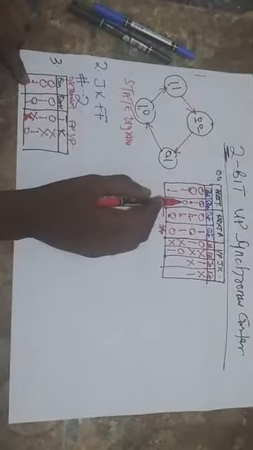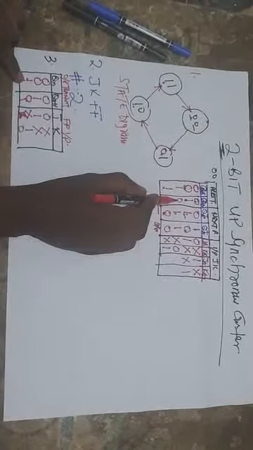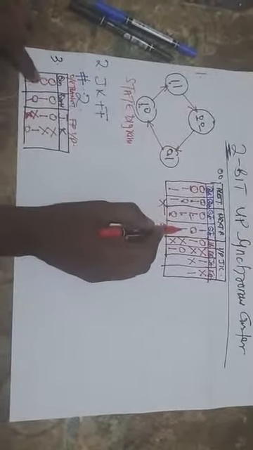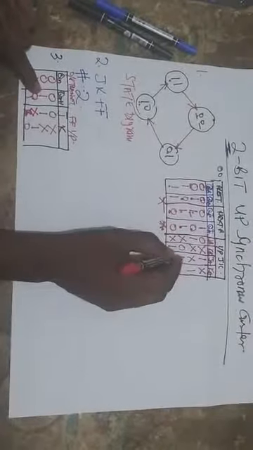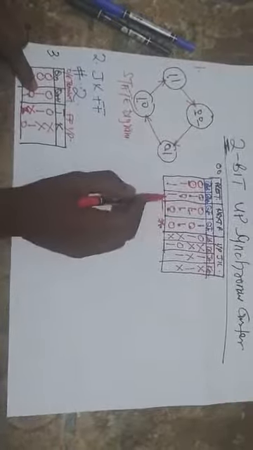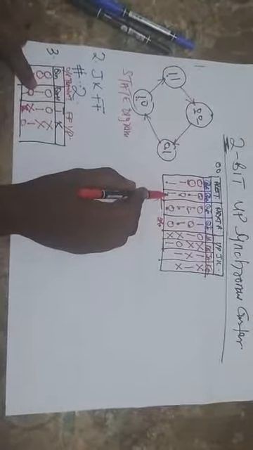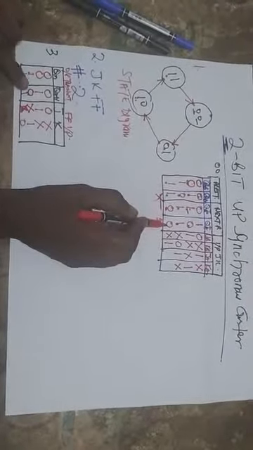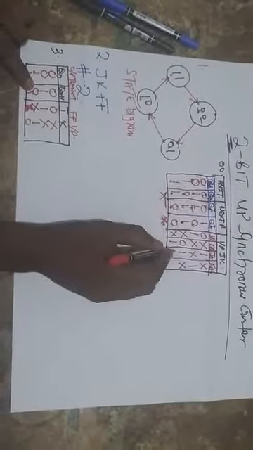When it is 0 and then 1, it is 1 don't care. And finally, when it is 1 and the next state is 0, it is don't care 1.